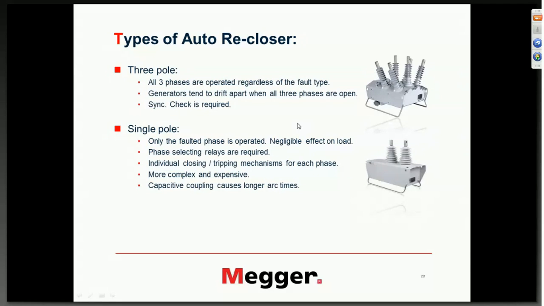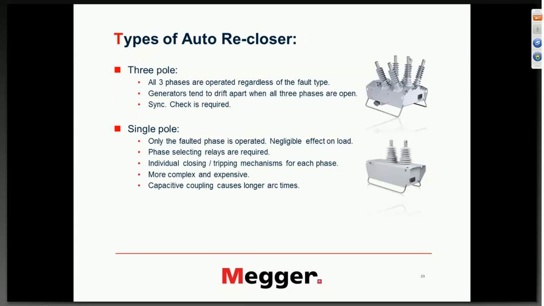In case of a single pole, when there is a fault on B phase, just the B phase is isolated. Not all three phases are isolated.